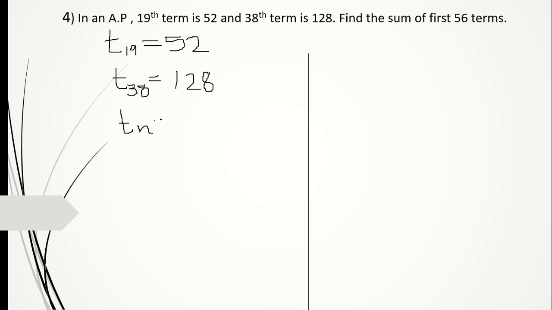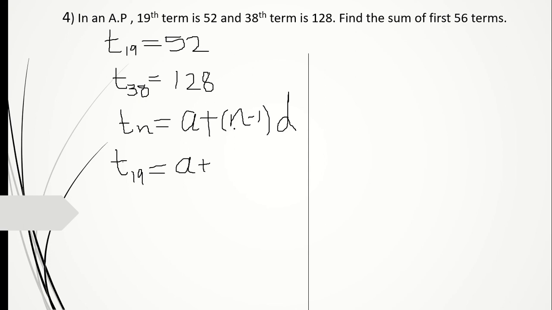Tn is a plus n minus 1 d. So T19 will be a plus 19 minus 1, that is 18d. And T38 is going to be a plus 37d.